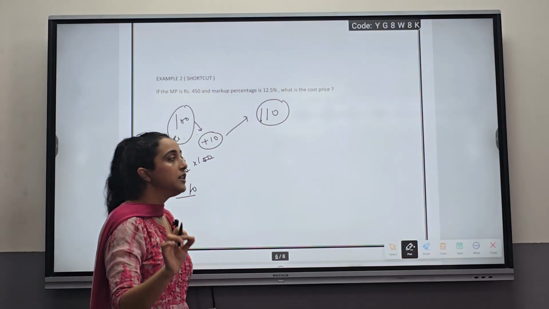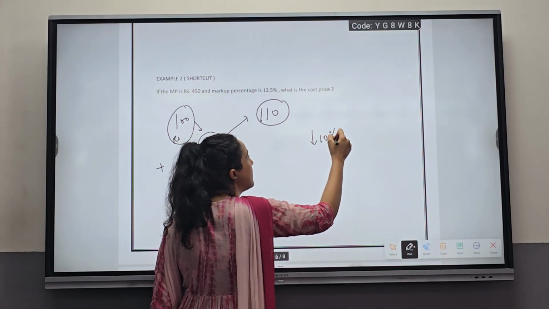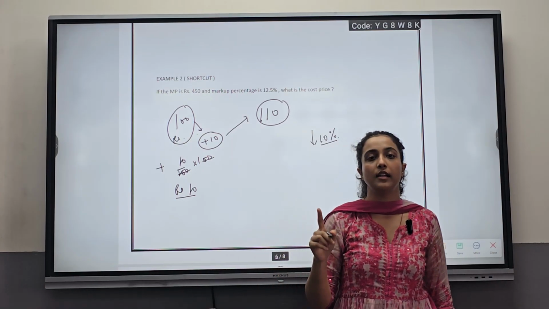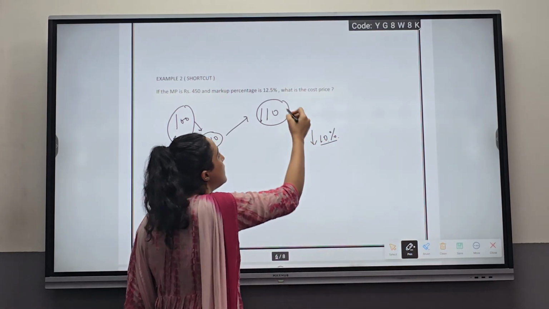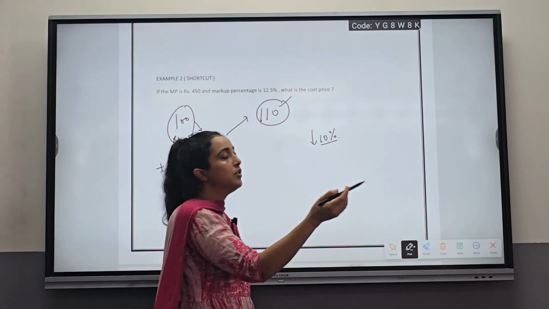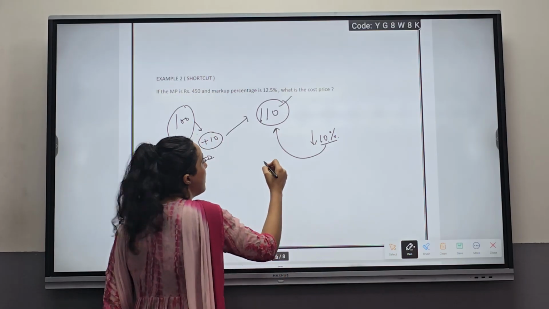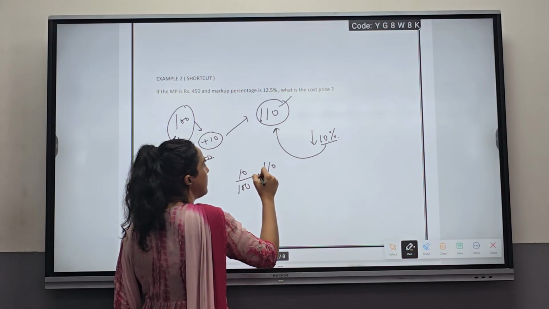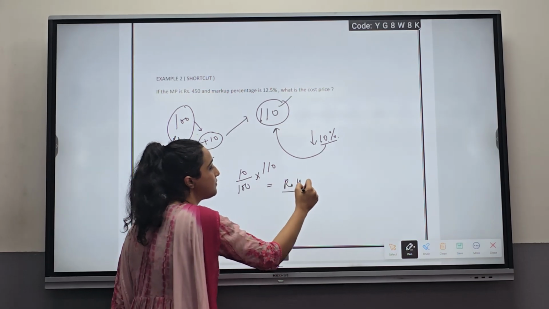Okay. Now I said reduce it by 10%. Again, whenever we read the word percentage, what do we ask ourselves? We ask percent of what? So 10% of what? Now the amount is 110. So you have to reduce 10% of 110. 10% of 110 is 10 divided by 100, multiplied by 110. So you will get rupees 11.